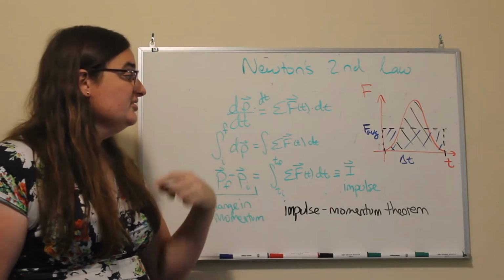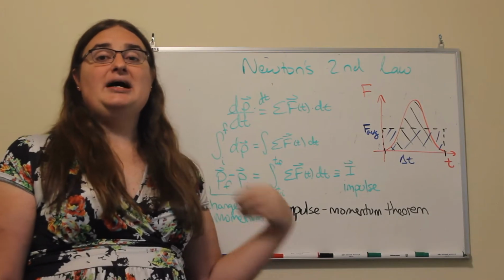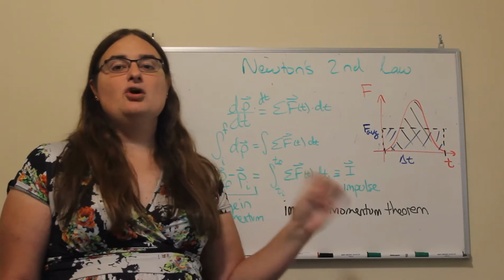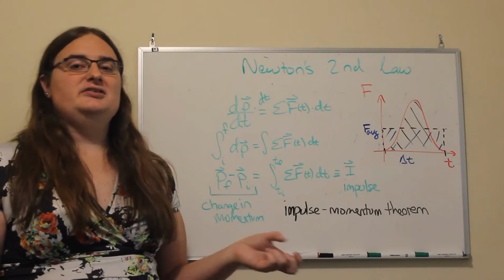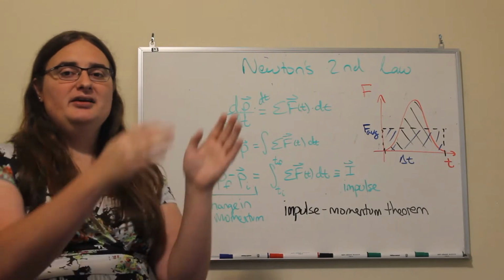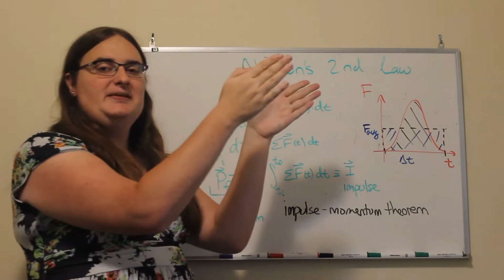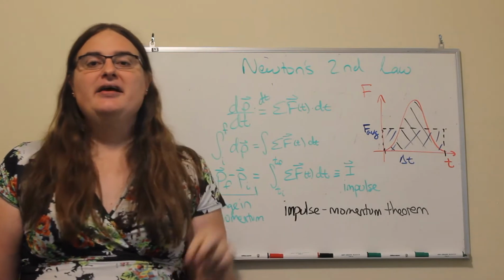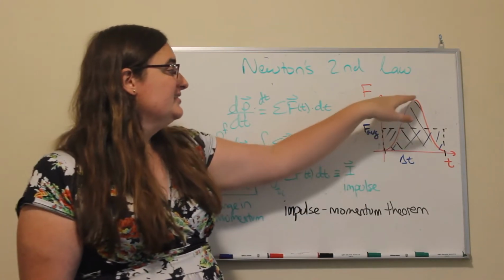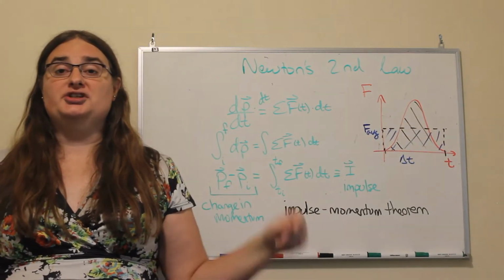So one of those is in thinking about expressing forces that might have complicated dependence with respect to time. So if you were to take slow motion video of, say, a baseball striking a baseball bat, you would see the baseball compress and expand, you would see the bat compress and expand, and if you were to build a force sensor into that bat, you would see a fairly complicated force structure.